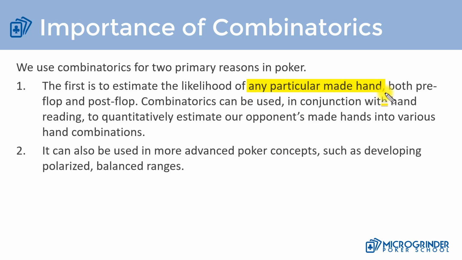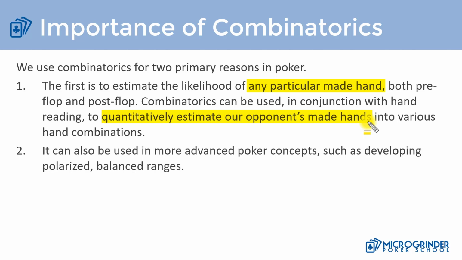Understanding the basics that we're going to talk about on the next several slides, we can analyze based upon the range that we think our opponent has and the board texture to determine how many combos of a particular hand they actually have. So we can quantitatively estimate our opponent's made hands. When I say made hands, I'm talking about post-flop, and pre-flop we're really talking about any starting hand.